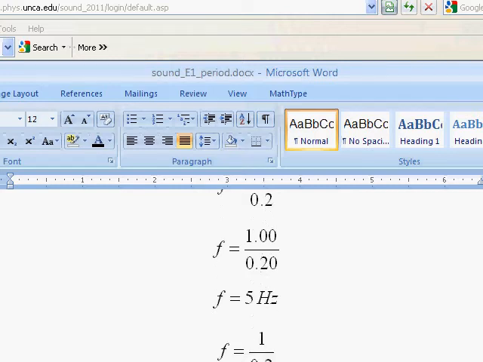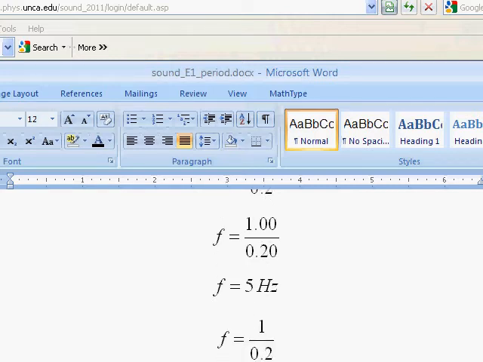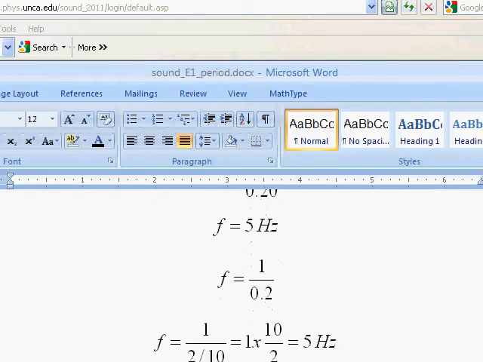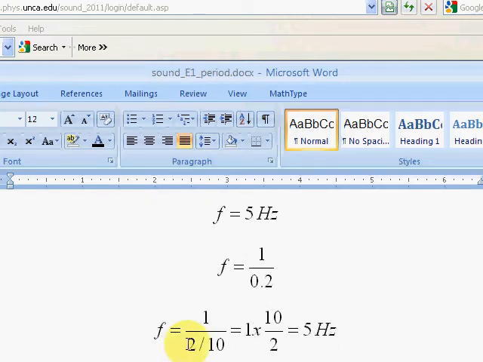Another way to approach this, F is 1 over 2 tenths, is to do it like my 5th grade teacher taught me many years ago, how to divide by fractions, because they were scary when you first encounter fractions. And if you've been away from math for a while, you may say, whoa, divided by fractions, what's that? Here's how you do it. She says, you keep, change, and invert. That's the rule. You keep the numerator, the 1.